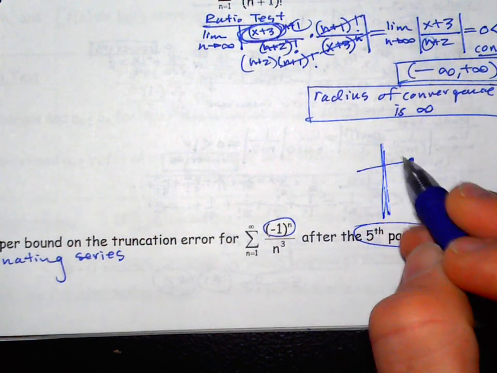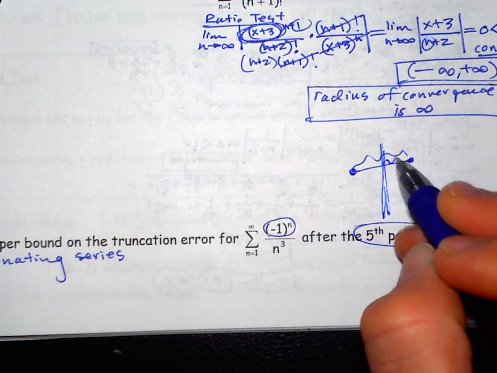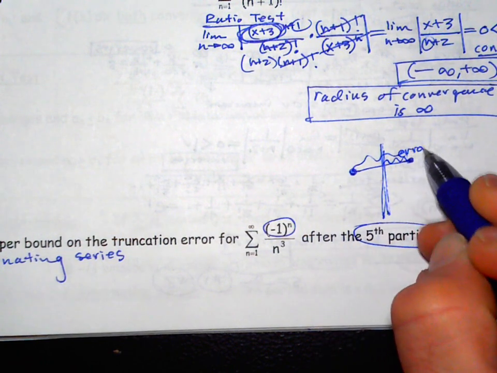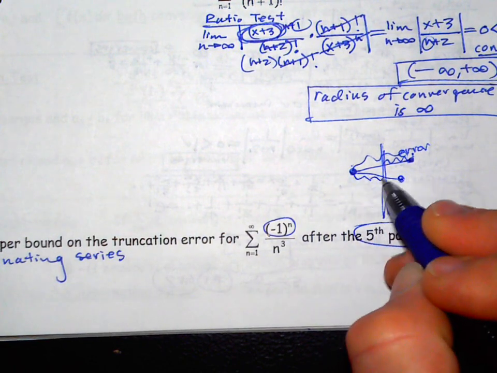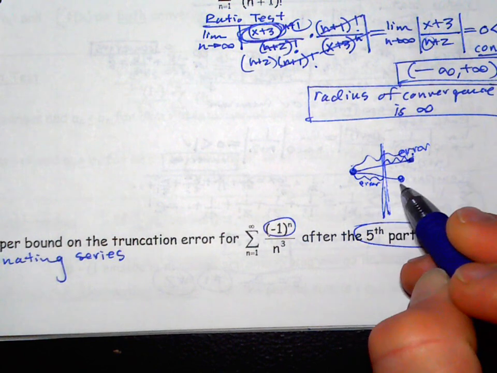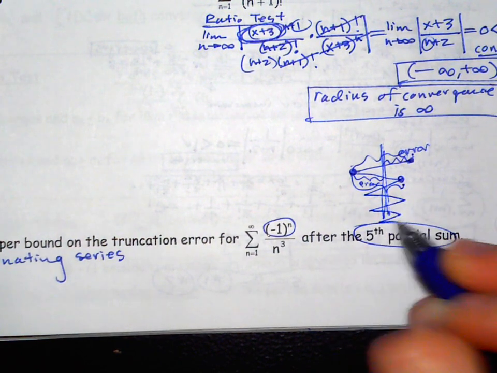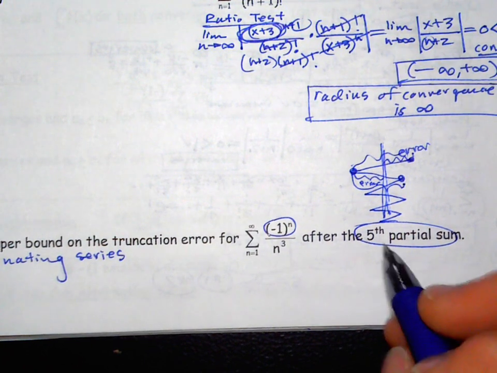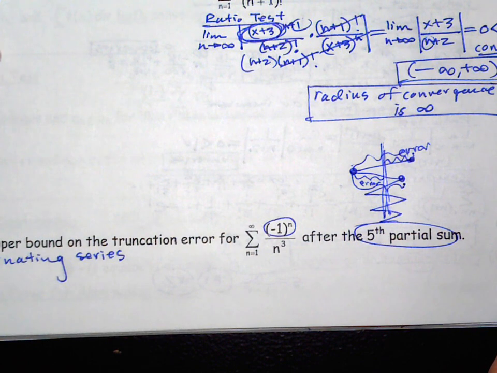And so this distance right here is the next term to get to the next partial sum. And this is our error right here, and it's for sure less than this. And when you do the next one, this is your error exactly, and it's for sure less than this. And that's just always true. So for the fifth partial sum, our error is just going to be less than the sixth term.